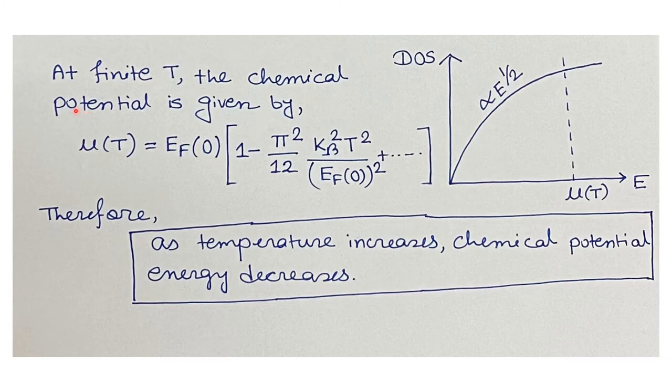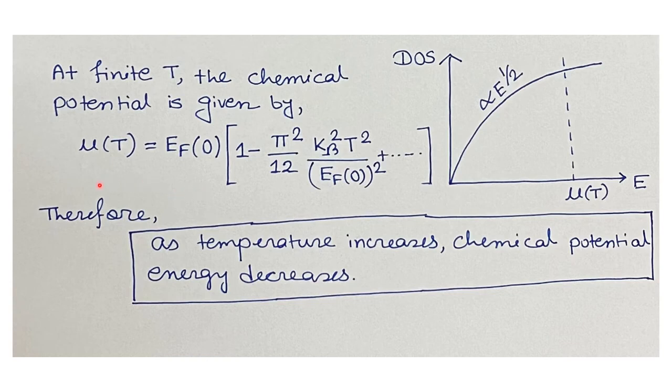Now, at finite temperature, the chemical potential is given by mu(T) equals EF0 multiplied with 1 minus pi square by 12 into (kB square T square by EF0 square) plus some higher order terms, where EF0 is the chemical potential or the Fermi energy of this three-dimensional fermionic system at temperature equals 0 Kelvin.